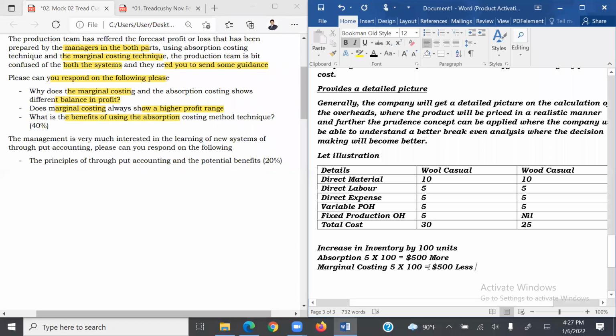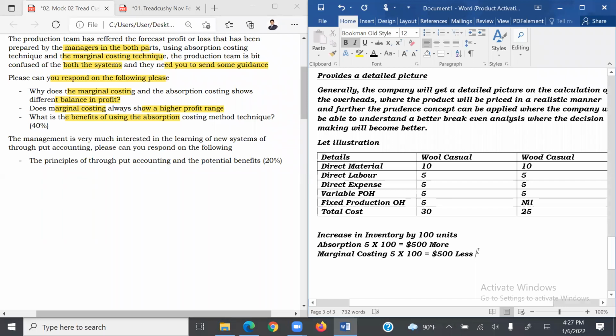When the inventory increased by 100 units, you need to get the understanding very clearly. What's going to happen? Absorption costing will have a very high level of closing stock. Agree, students?